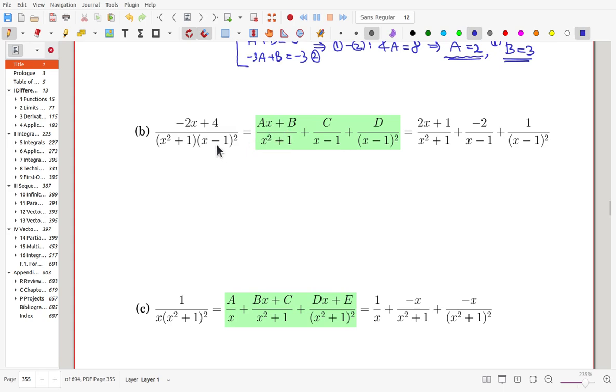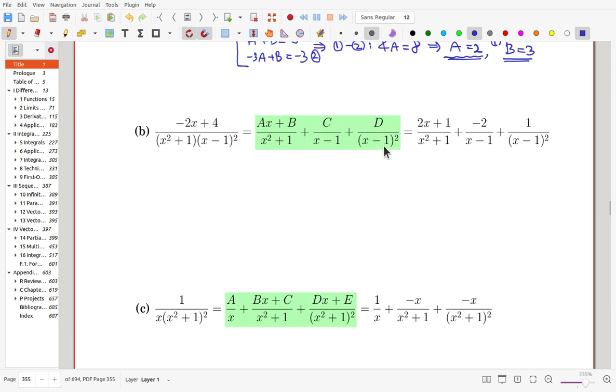And for the linear factor, the top must be a constant. It's squared, x minus 1 squared, but the basic term is linear, so you have to put a constant.